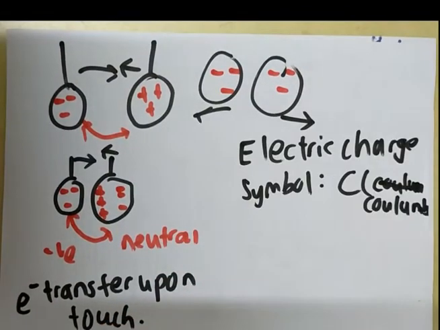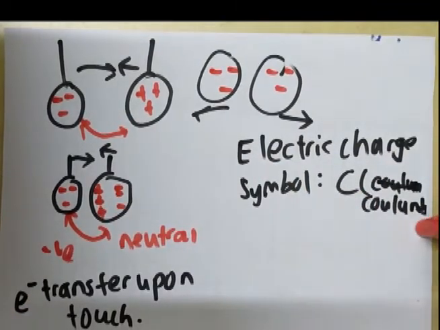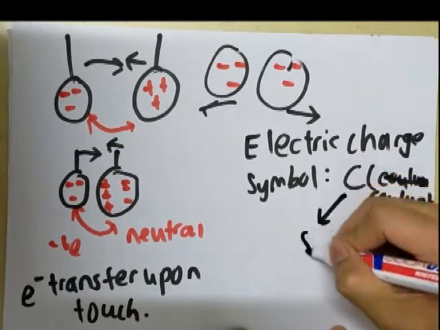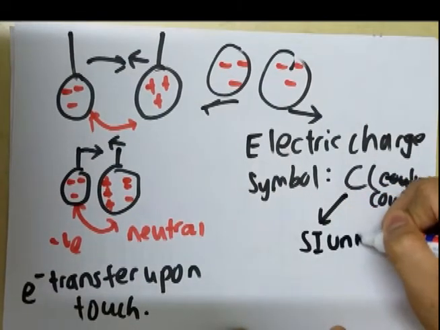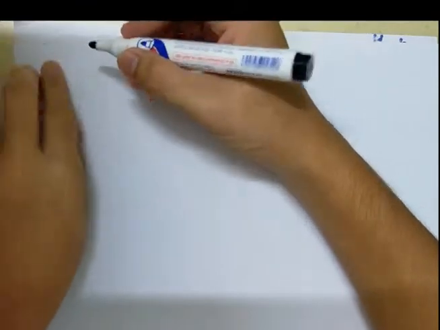Okay, so the next thing you have to know is electric charge. Its unit is the coulomb. The coulomb is an SI unit. Now the formula you need to know is Q equals NE.